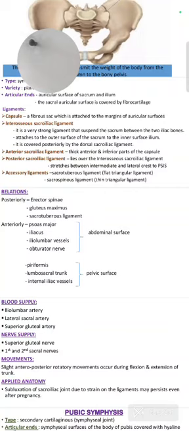Anteriorly, on the abdominal surface, are the iliacus and psoas major, the iliolumbar vessels, and the obturator nerve. On the pelvic surface are the piriformis, lumbosacral trunk, and internal iliac vessels.